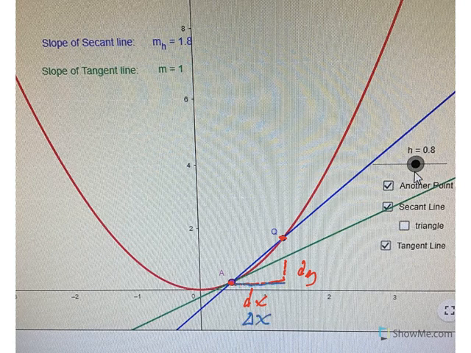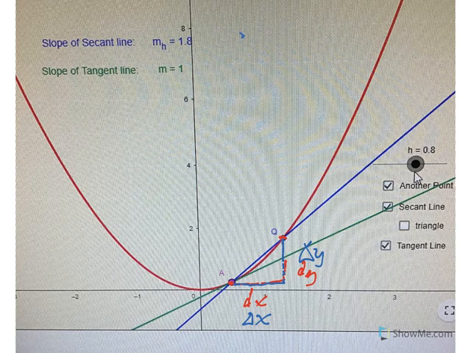You can see delta x and dx are exactly the same. Now, this is delta y. And as you can see, the closer Q and A get together, the closer delta y is to dy. So if I were to calculate the slope of the green line and calculate the slope of the blue line, they would still be different, but the blue line slope would be closer to what I'm looking for. That is the slope of the green line.